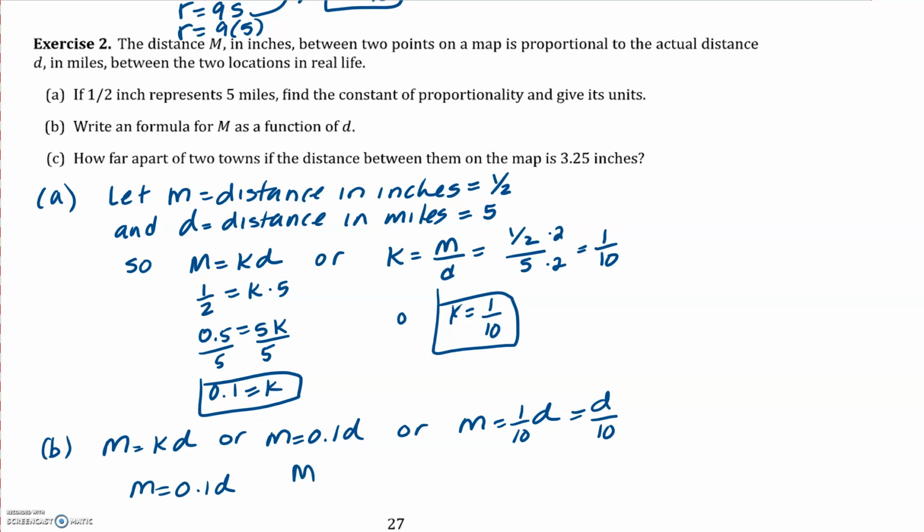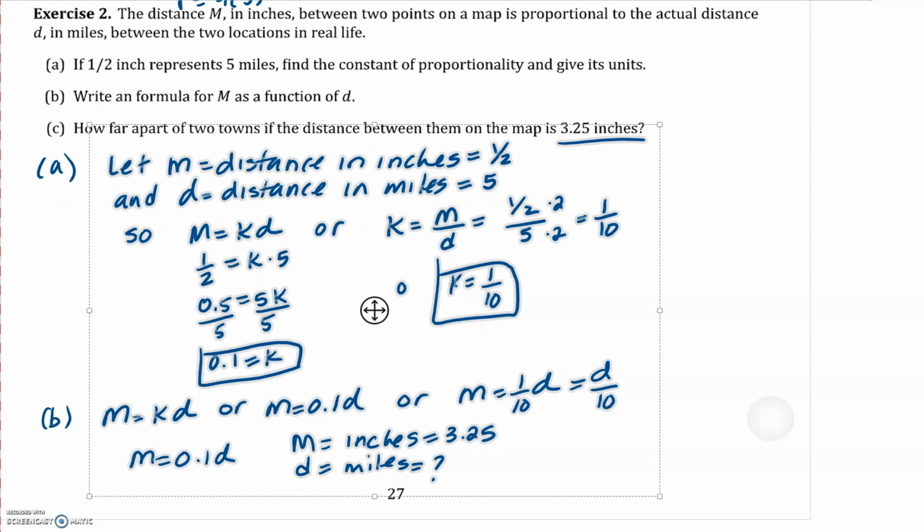We have m and d. Again, m is in inches, and d is in miles. So it says 3.25 inches is m. It's asking what is the actual distance in miles.